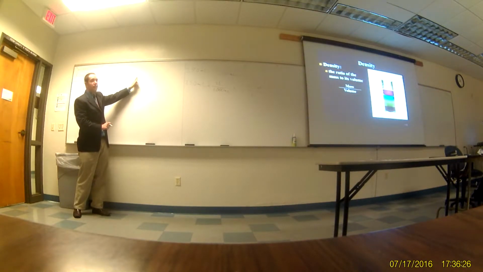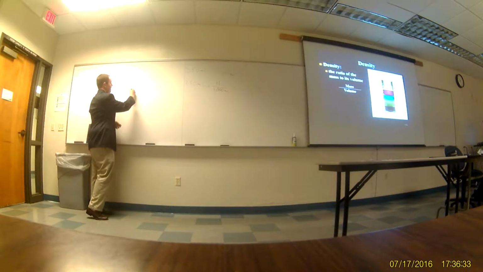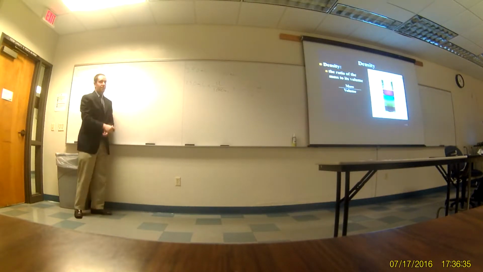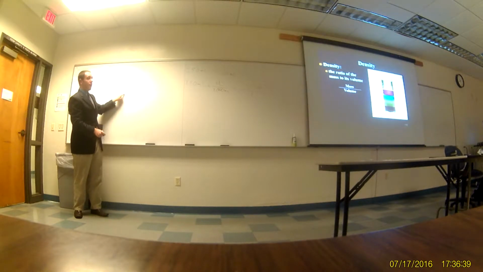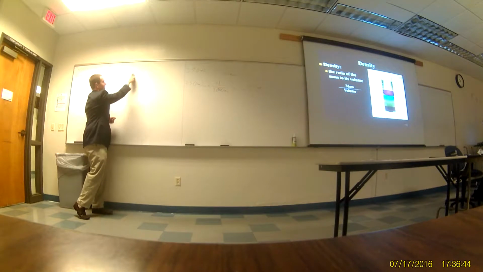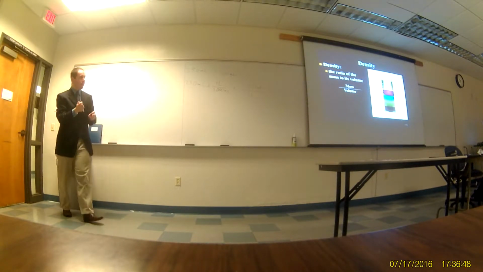D equals M over V, DMV. Just be careful. If you remember DMV, it's not that. Some people I see frequently will write that as the equation for density. Don't do it. It's that. D equals mass over volume. Okay?